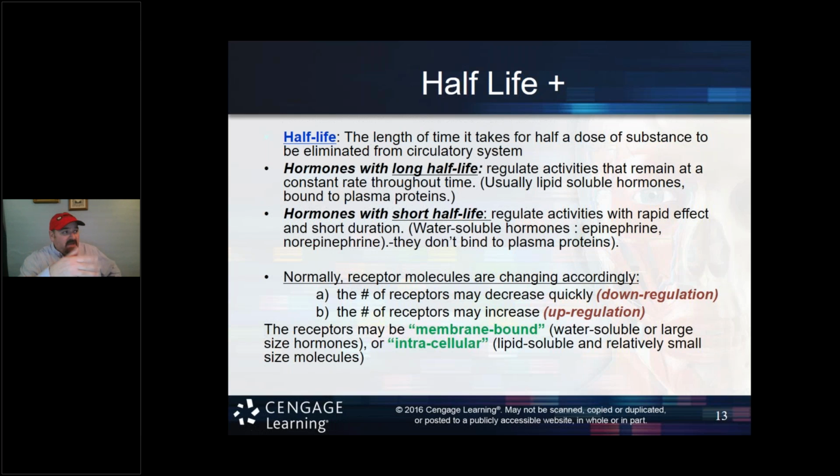We know this with epinephrine and norepinephrine. Yes, they cause very quick, very fast change within the body to get you ready for action, either run or fight, but it doesn't last for very long.